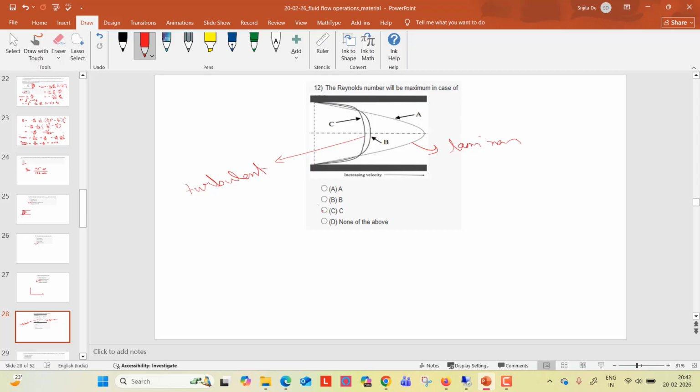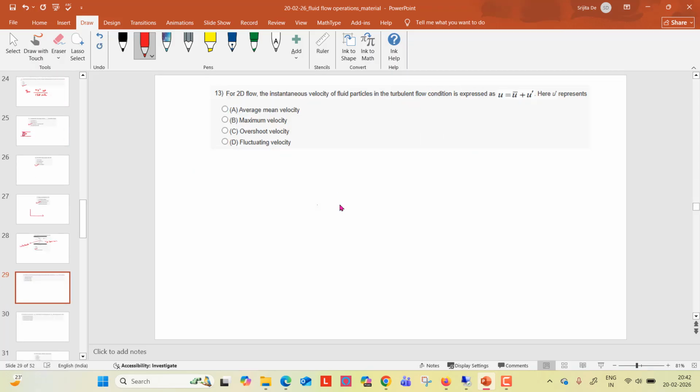Next, for 2D flow, the instantaneous velocity of fluid particles in the turbulent flow condition is expressed as this. Here U bar represents the average mean velocity, maximum velocity, overshoot velocity, or fluctuating velocity. So this is the fluctuating velocity, right? Because U bar is the average mean velocity and U dash is the fluctuating velocity.